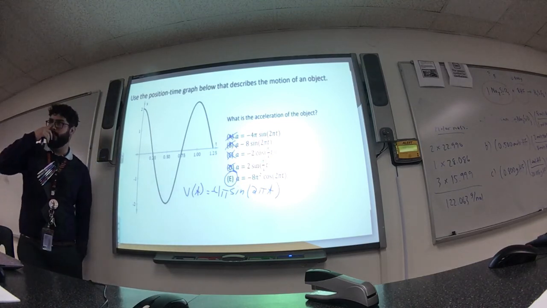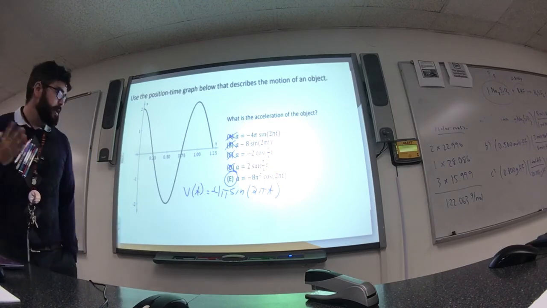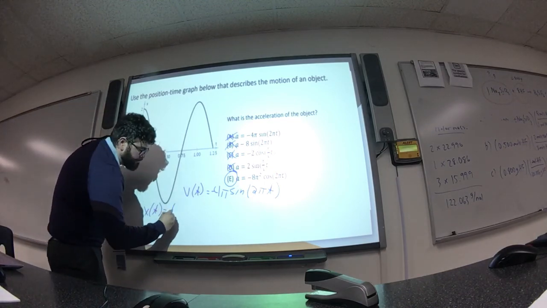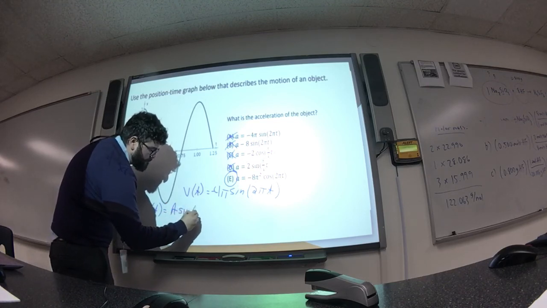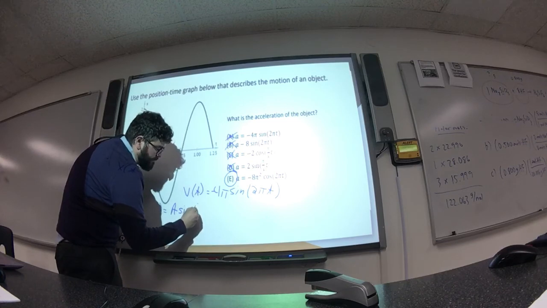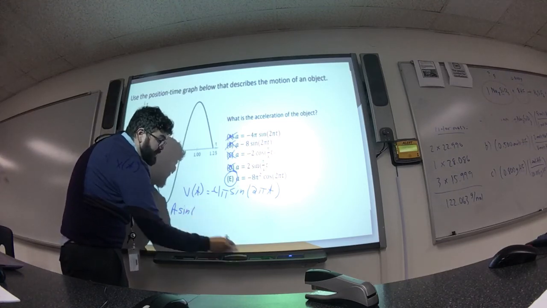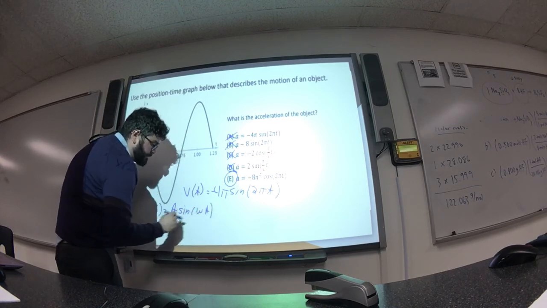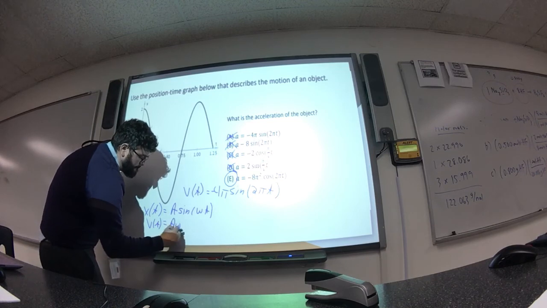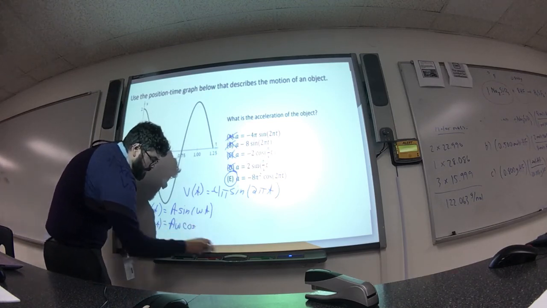And in general, if you remember our 3 equations for simple harmonic motion, in general, they looked like... I'm not going to write it in that form. You will be given them in one form.